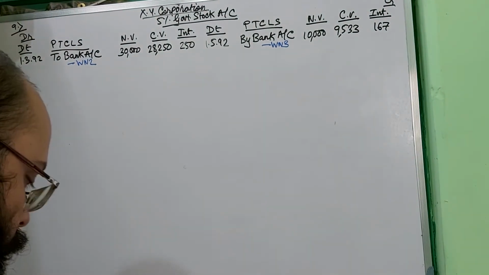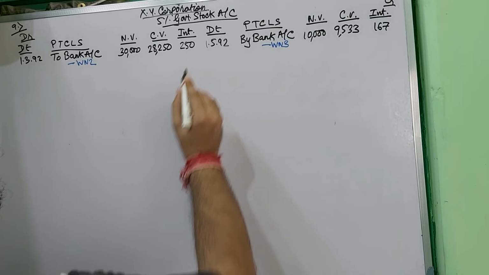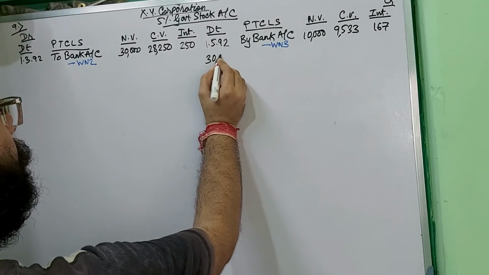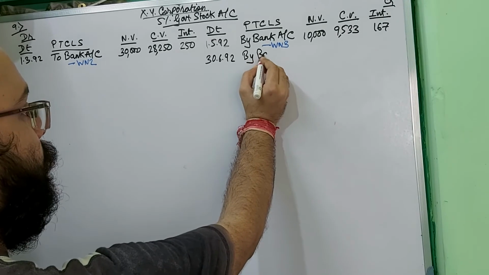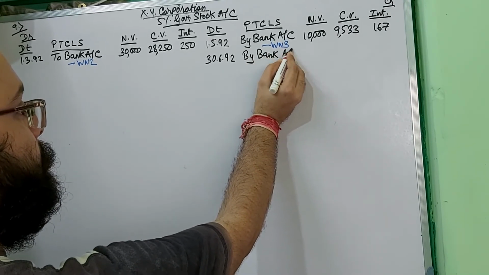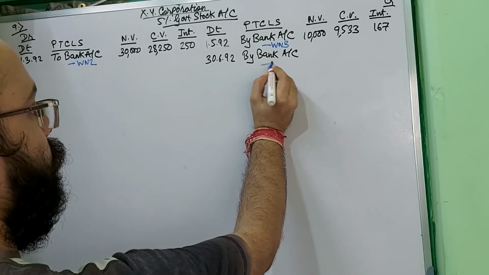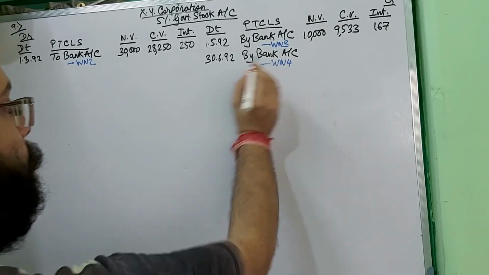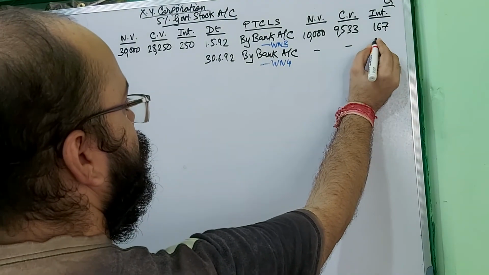And half yearly interest you need to calculate on 30th June by bank account, which is working note number 4. Half yearly interest they have computed, which is 500.